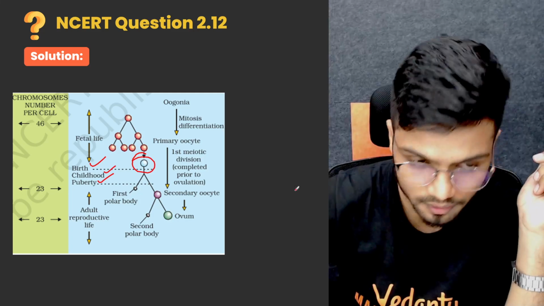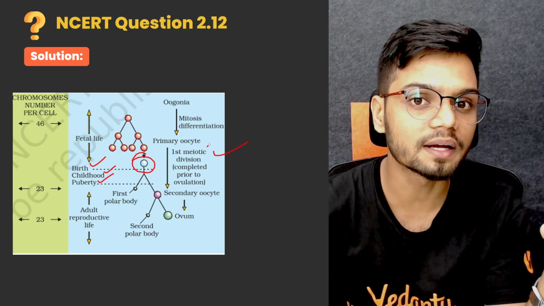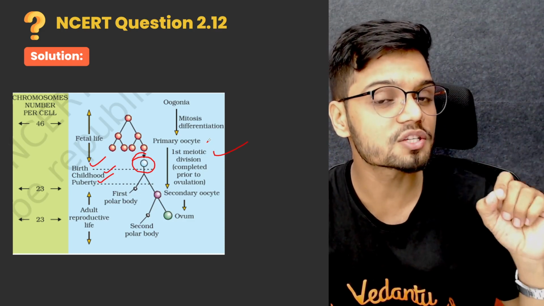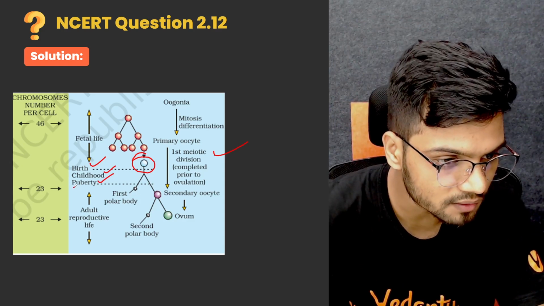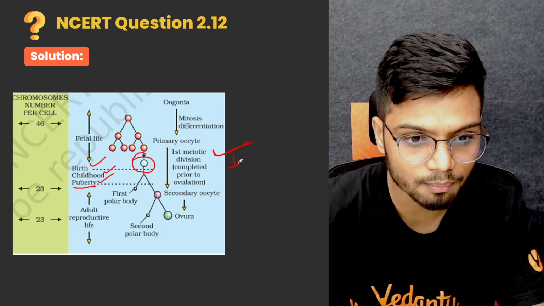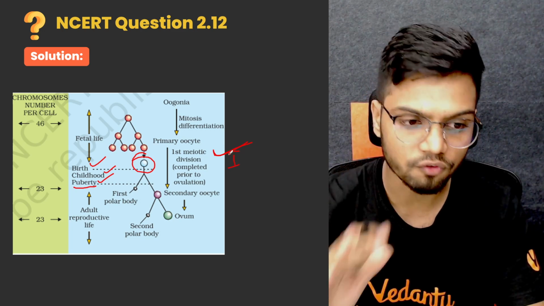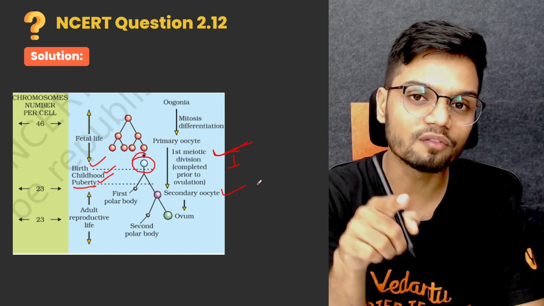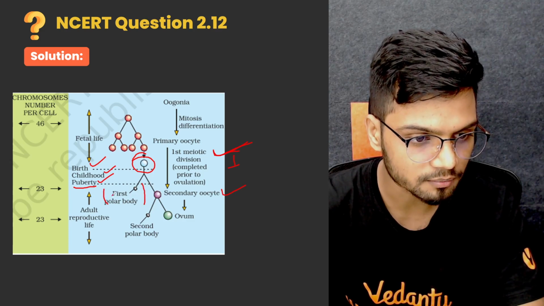When the first meiotic division is completed, it results in the formation of the secondary oocyte and also the first polar body.